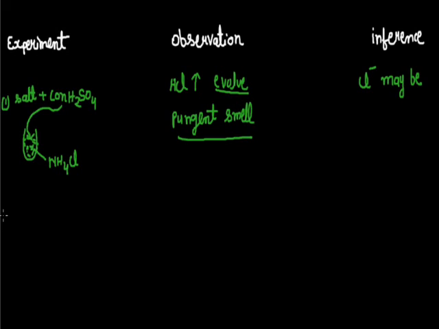Now in the second step we are confirming the salt, so we use a confirmation test. For confirming the Cl negative ion, first we take a glass rod.